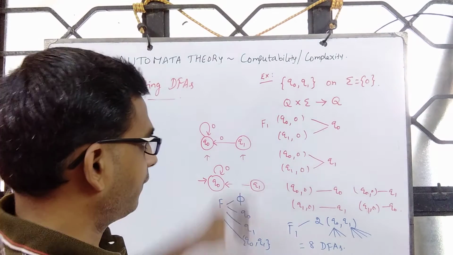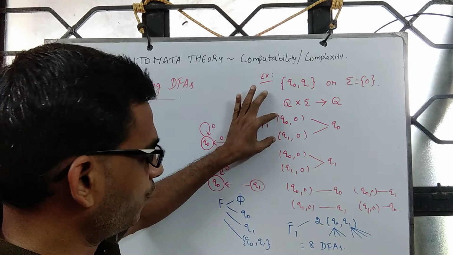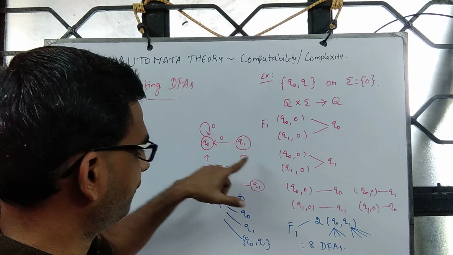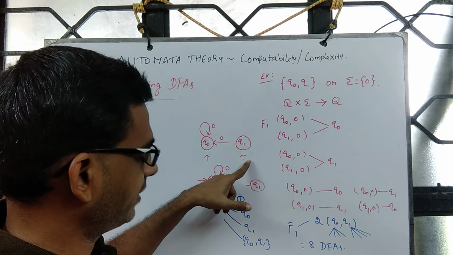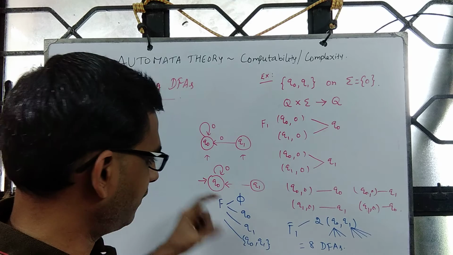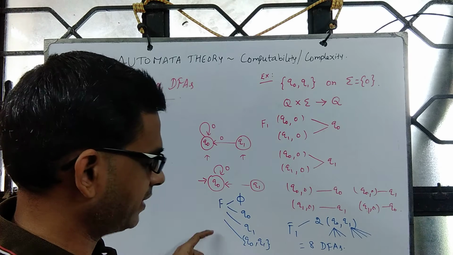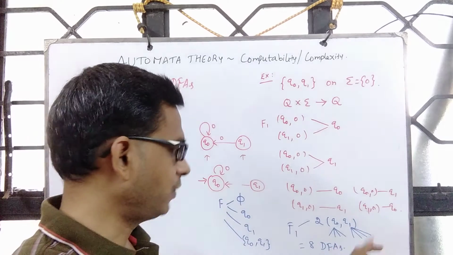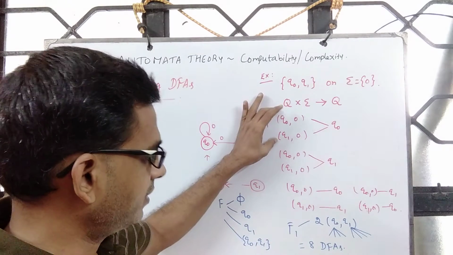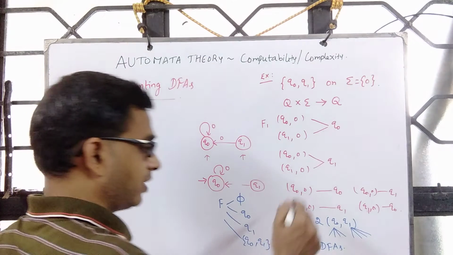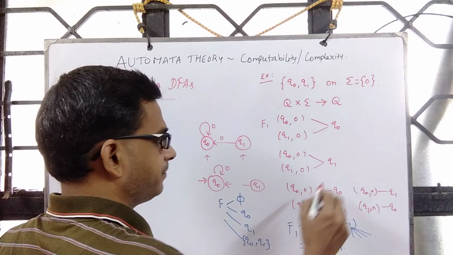Now with this we get two more, with q0 being the start state one DFA and q1 being the start state another DFA. With q0 being the start state, we look at possible values for final states and we get 4 of them, and similarly this gives us 4, so this function gives us 8 different DFAs and they are all distinct.